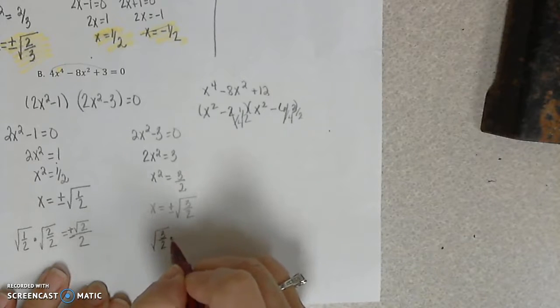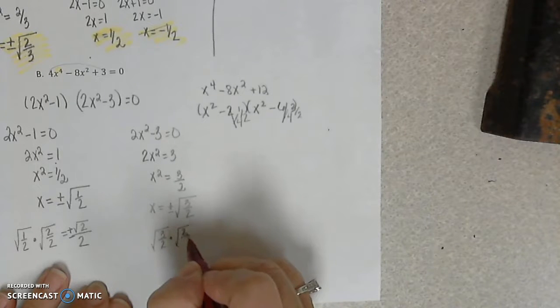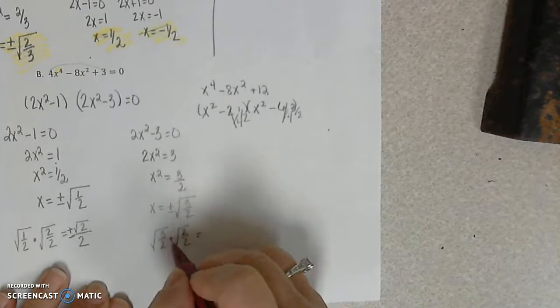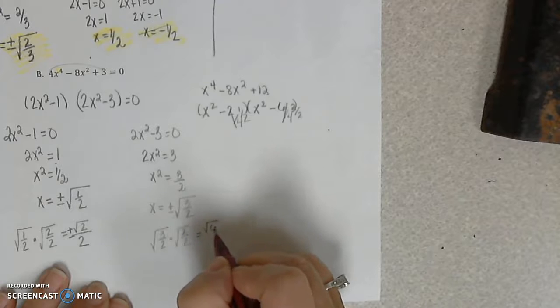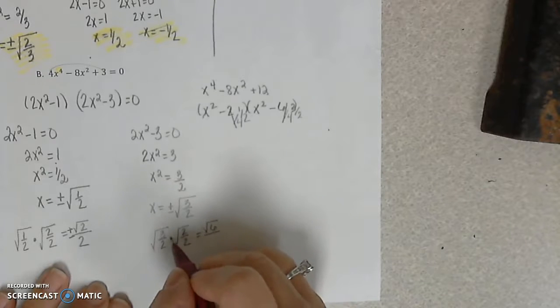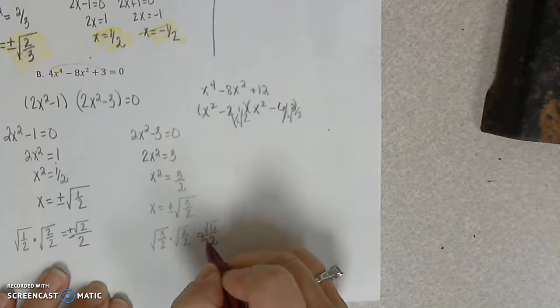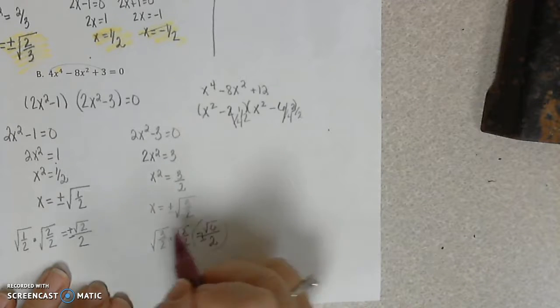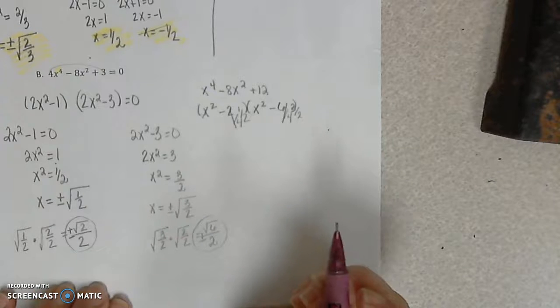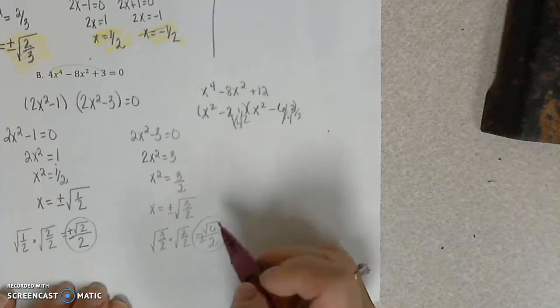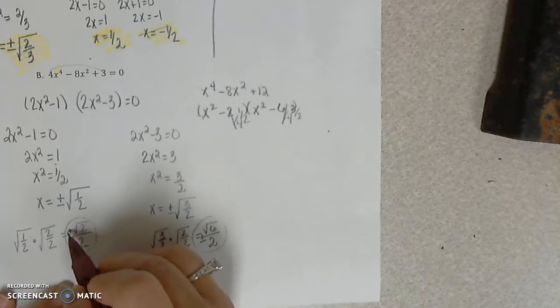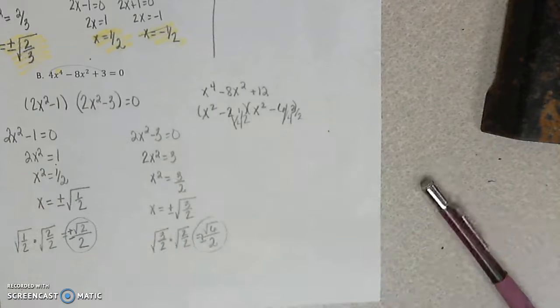You may not remember unless you just had it last year. 3 times 2 would be square root of 6. Square root of 2 times square root of 2 is square root of 4, which is 2. So this would actually be the final form. And you've got 2 solutions here and 2 solutions right there.